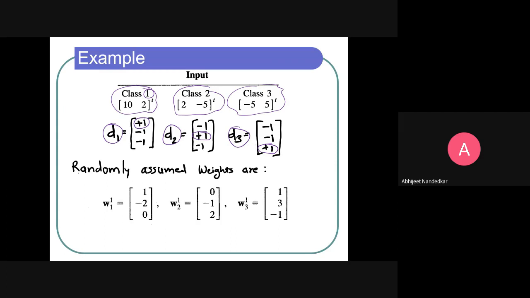Now, randomly, first of all, assume the weights for each neuron. How many neurons? Since you want to learn 3 classes, you will take 3 neurons, because I have 3 classes to be learned. For each neuron, how many inputs?